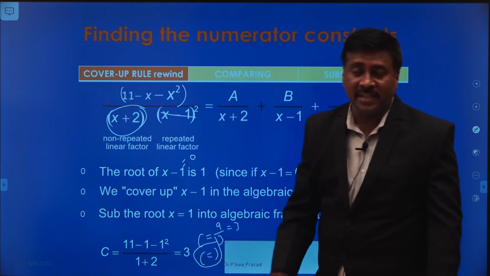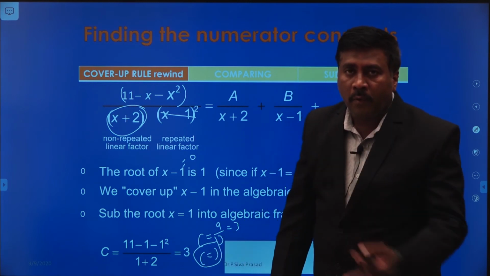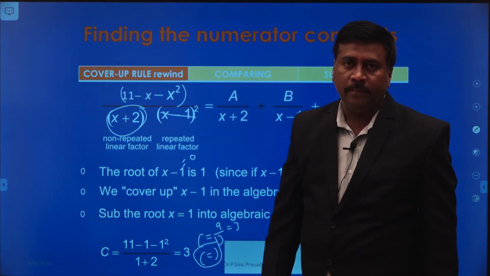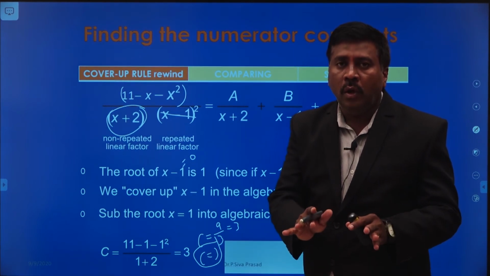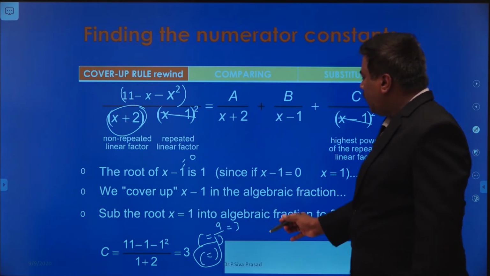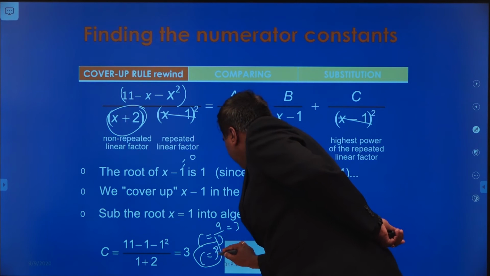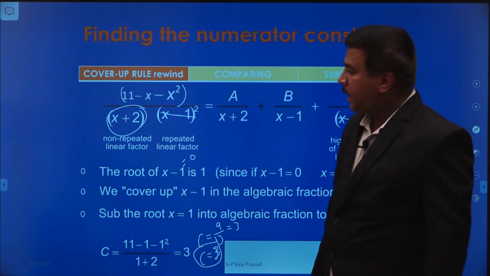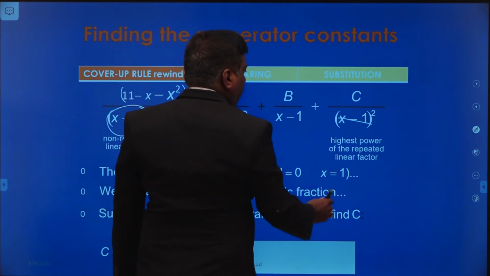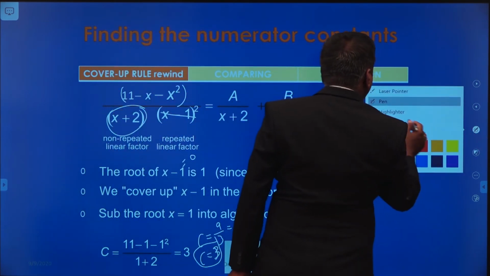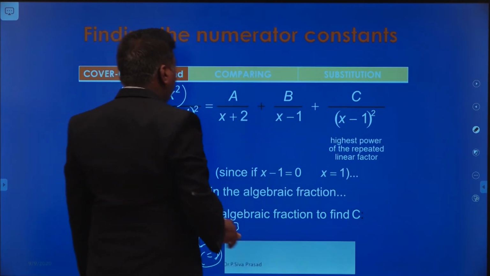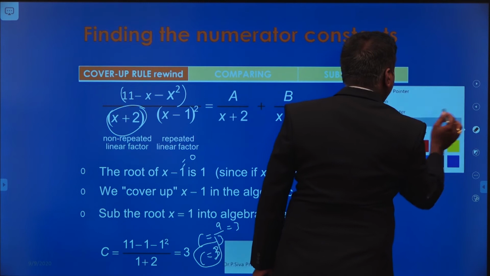Without taking the expansions, we cannot solve the total problem for finding the values for A, B, C. The cover up rule is to be applied. Now similarly, here we got the value for C. Suppose I want to find the value for A. Then what value do I have to substitute here?